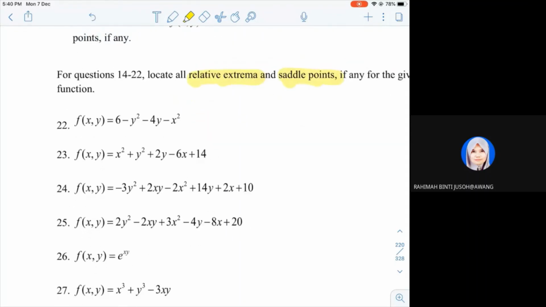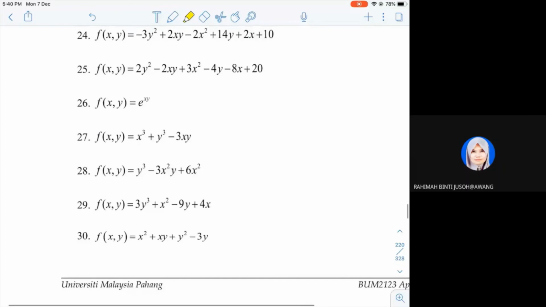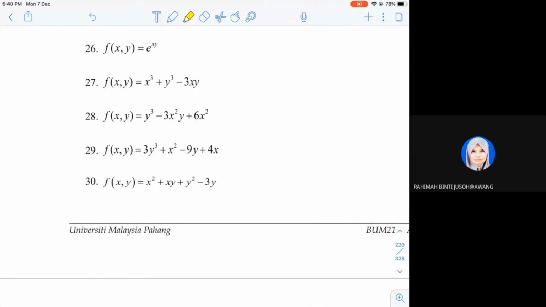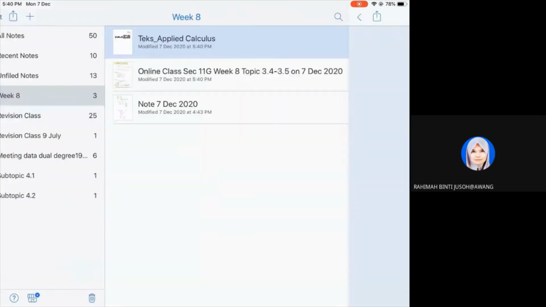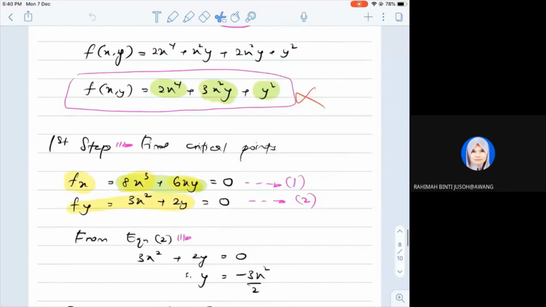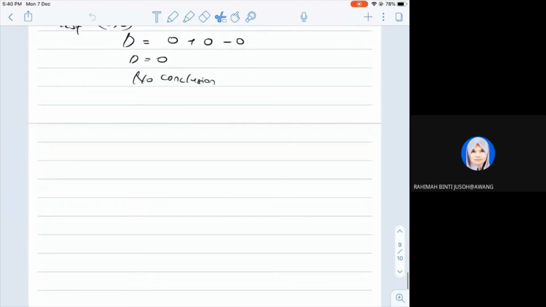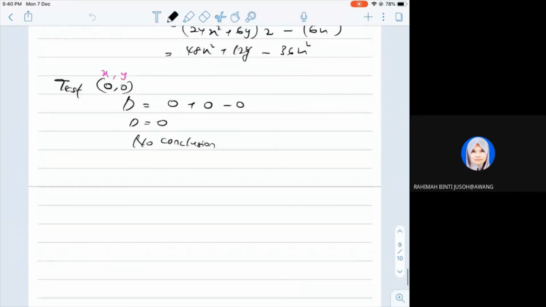Alright, kita cari yang complicated sikit. Okay, let us do question number 29 ni.